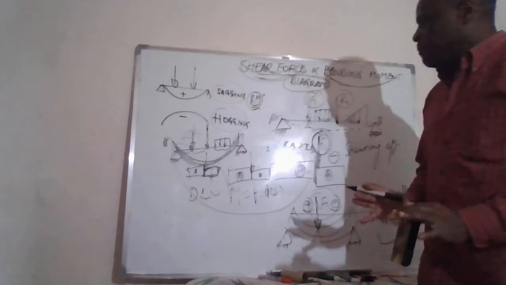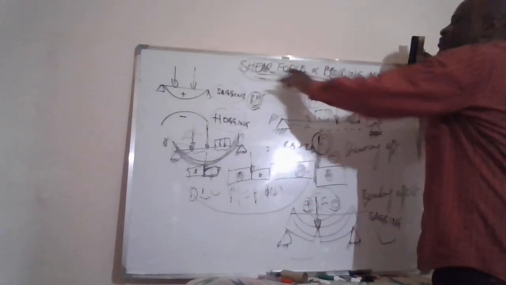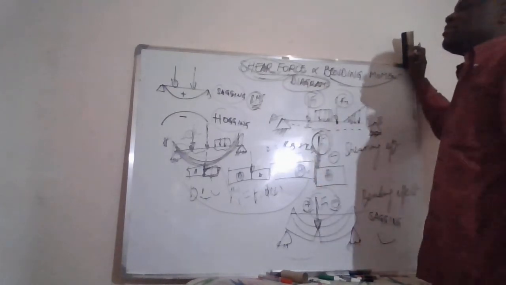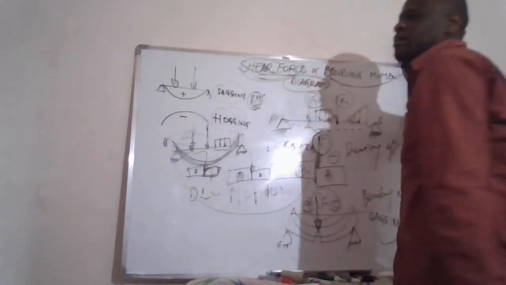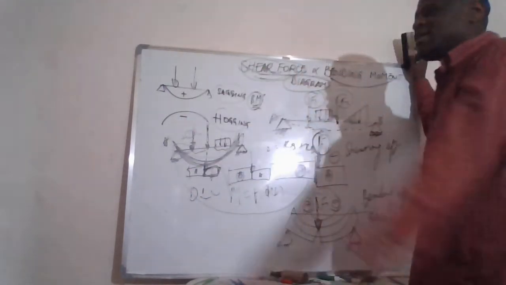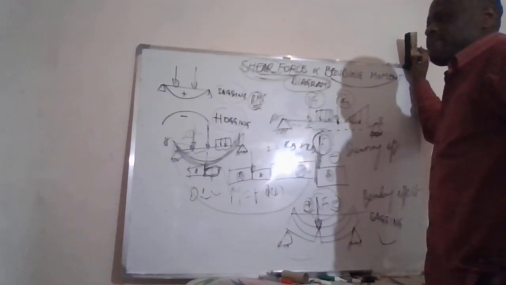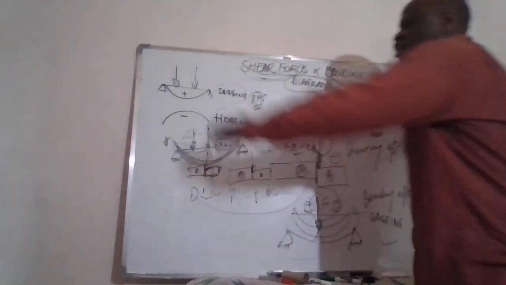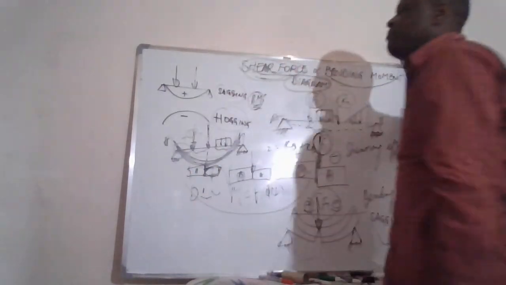Now, the very important thing that we need to know is what a shear force is and what a bending moment is. The bending moment is the moment due to bending, and what creates the bending is the action of the load, be it live load or distributed load. And the shear force is the effect that the force has a tendency of shearing a beam.